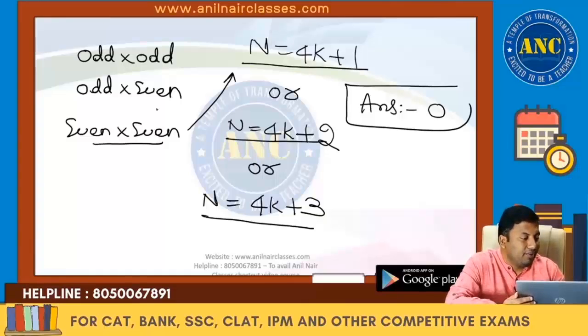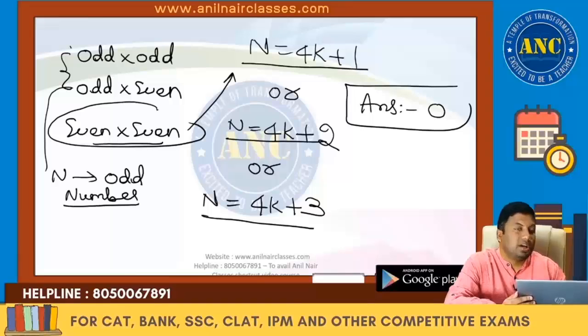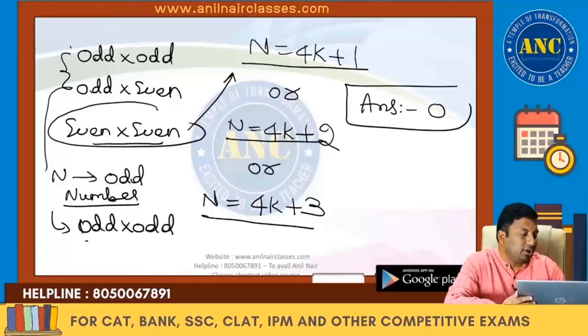For odd into even, if number is an odd number, decompose the number as a product of odd into odd.